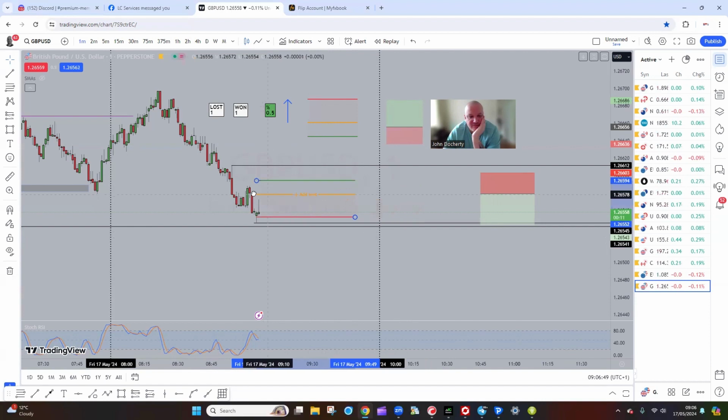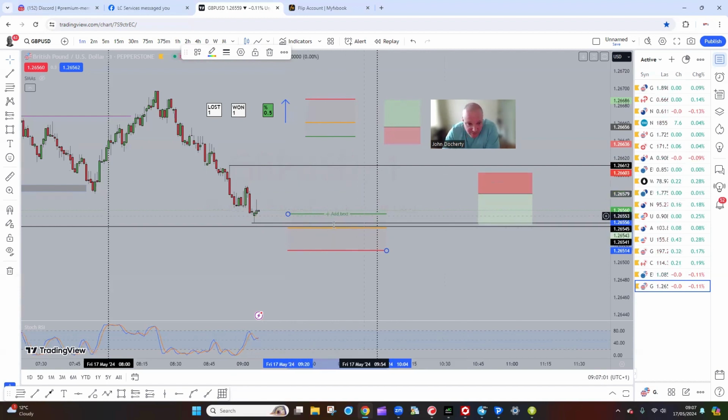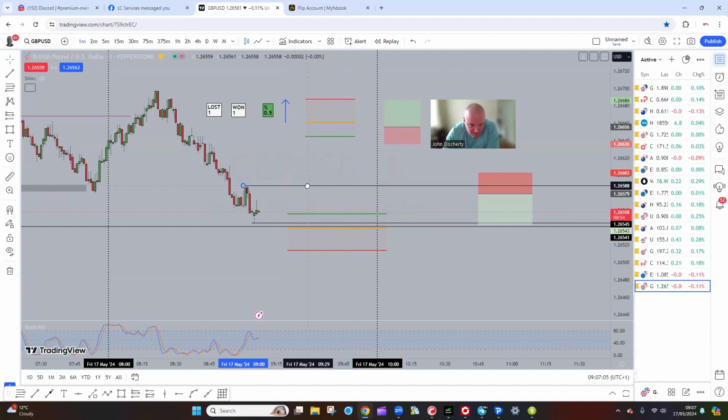Wait for this candle to finish. So we need a structure point broken again, to be fair, with that happening. Follow that lower high, I should say.